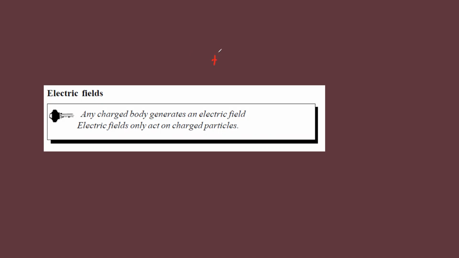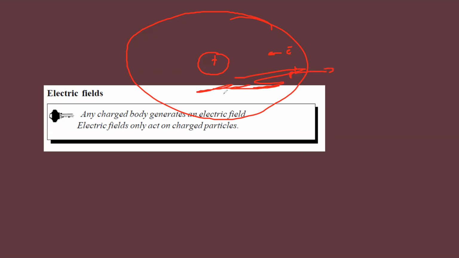Like if you have a positive charge, the space around this positive charge where the other charges can experience force. For example, if there was an electron here, it is moving towards it. If there was a proton, it tends to move away. So the region around the charge where its force can be felt by the other charges, that region is called electric field.